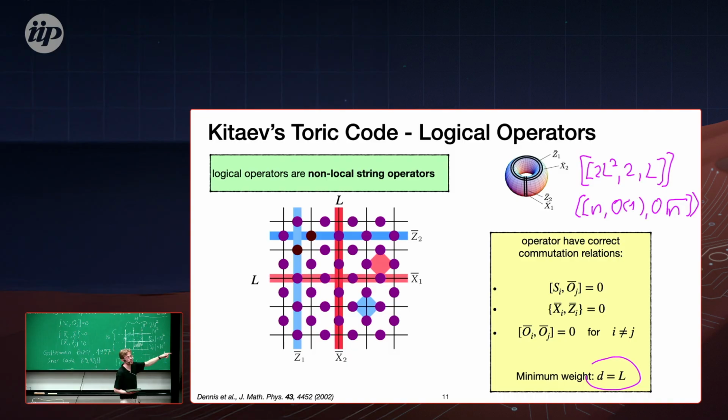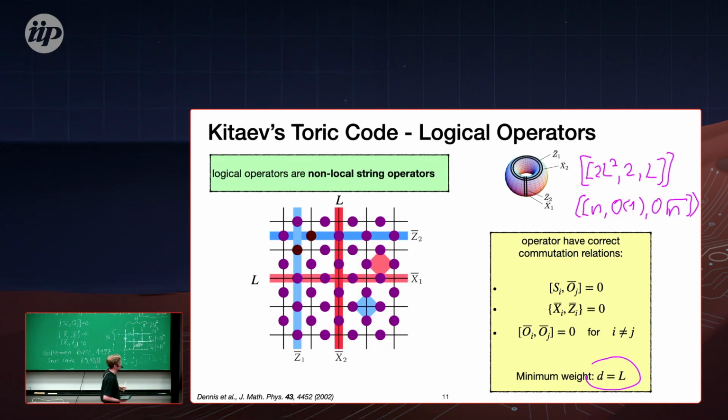And the distance will scale with the square root of the number of physical qubits. We will talk about this a little bit tomorrow, but you can already imagine that this requires quite a big amount of physical qubits in order to encode information, but the protection, I can promise you, is quite good. And this we will see today already.